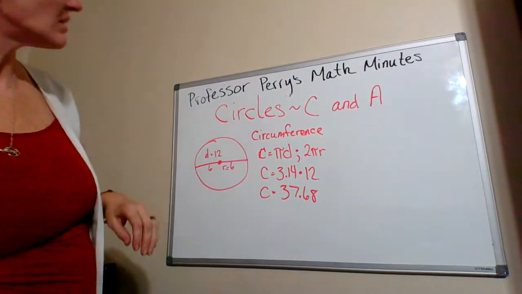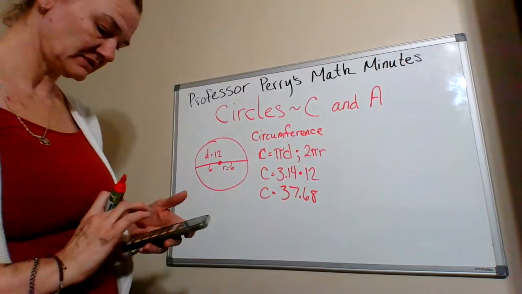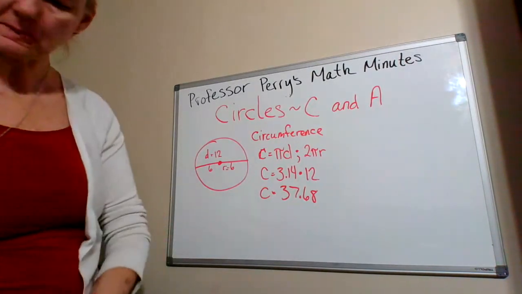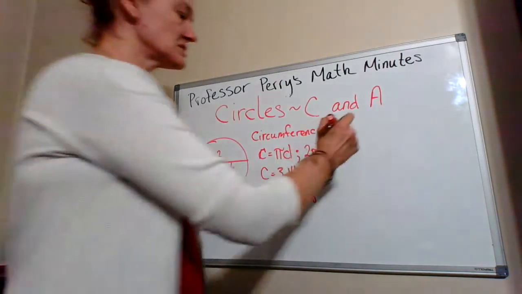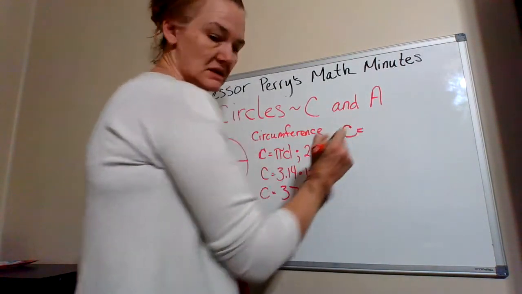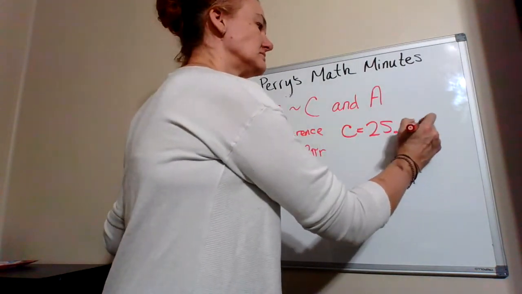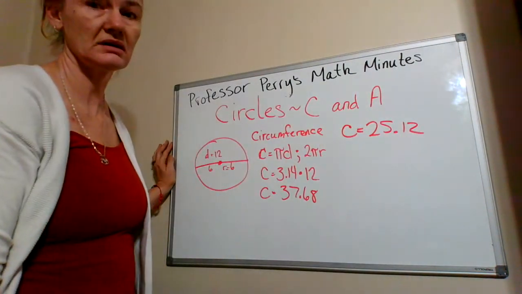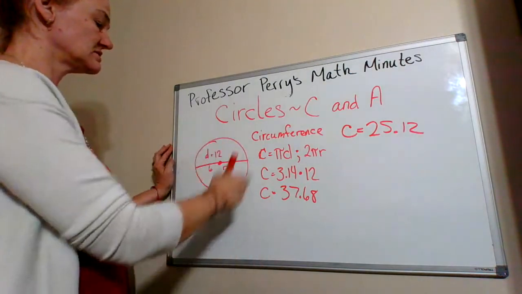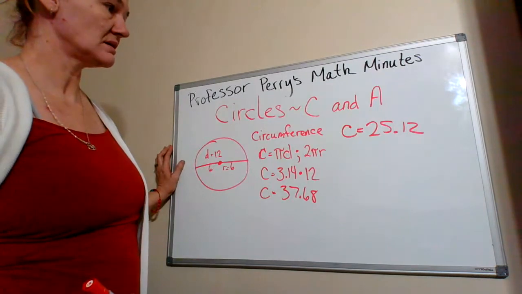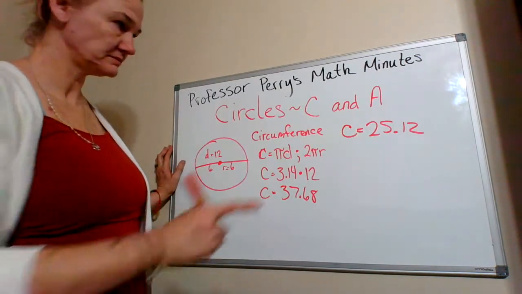Okay, now what if they say the circumference equals 25.12? You're like, oh wait, circumference, and it wants you to find the diameter.